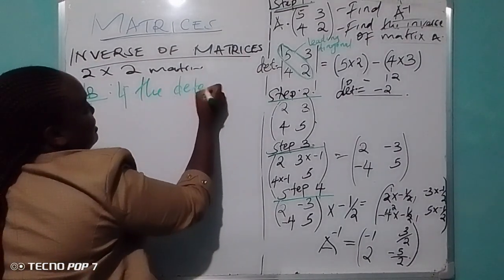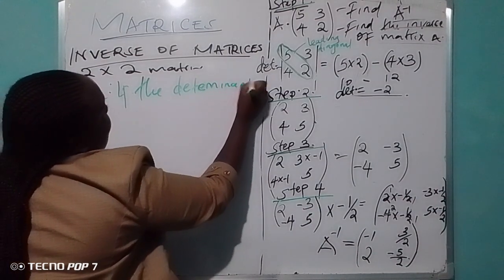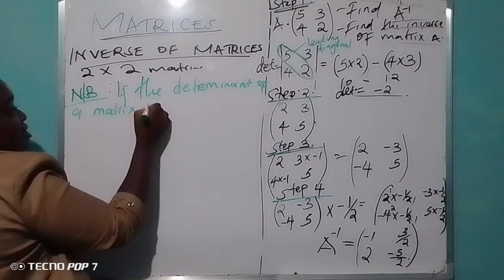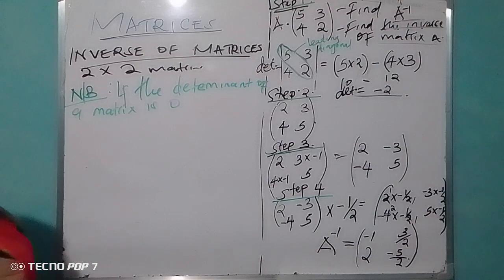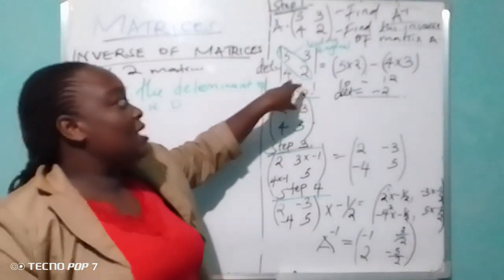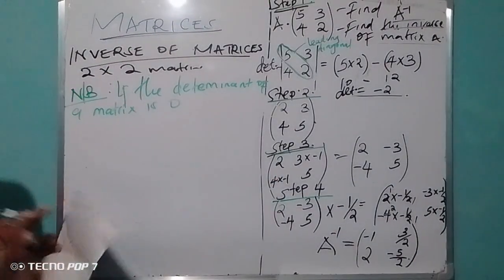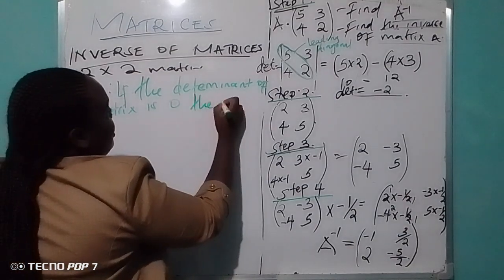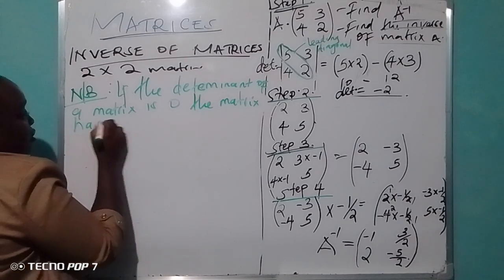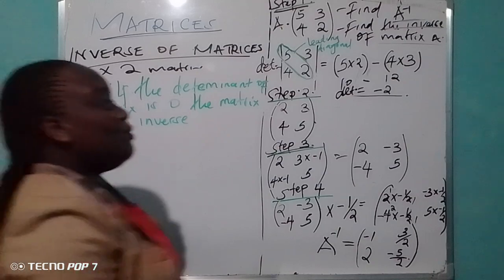If the determinant of a matrix is 0, you find the leading diagonal elements minus the other diagonal elements, umepata 0, then the matrix has no inverse. Haina inverse, because for example here is 0.